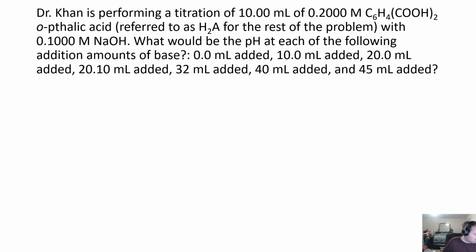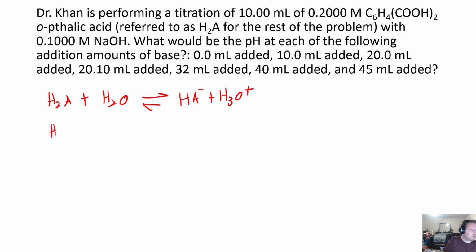I'm going to start by creating two Ka statements real quick because we'll need those. I'm just going to call this H2A for the compound, which is phthalic acid, the ortho species. So we have H2A plus water in equilibrium with HA minus plus H3O plus.